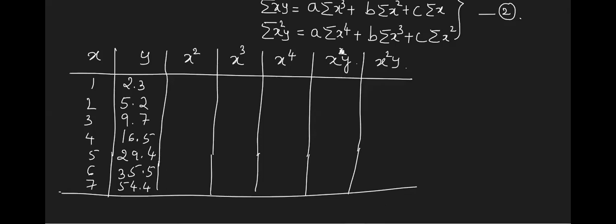You know how to take x square values. Square these values: 1, 4, 9, 16, 25, 36, 49.